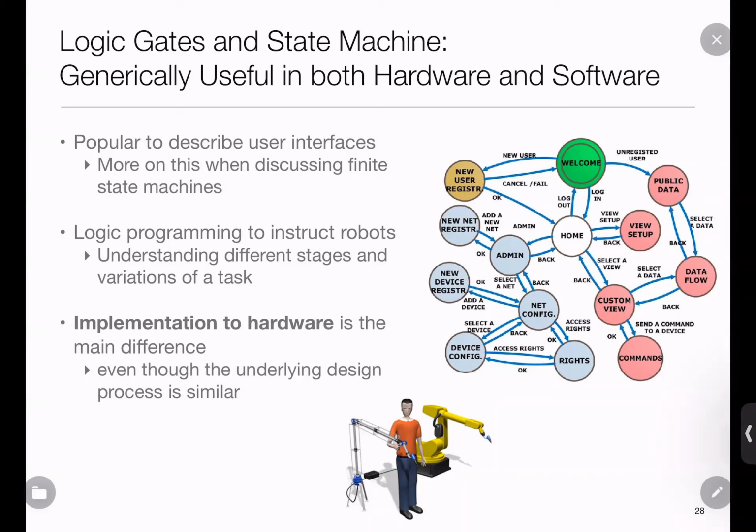At some level, they are useful whether you are mapping to hardware or to software. Even in software, oftentimes we design things in terms of finite state machines. And of course, we use Boolean operations. So no different out there. It's just that the building blocks in the case of software are the instructions that a processor provides, whereas the building blocks for us are a library of hardware units that we'll give to you.